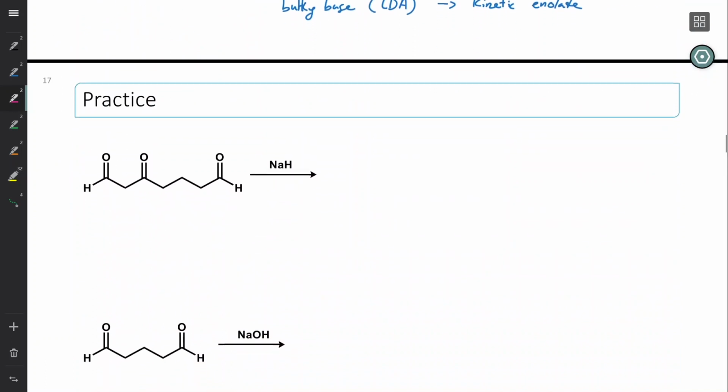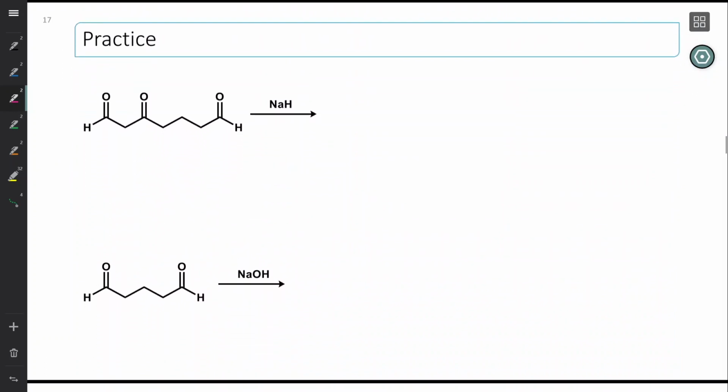Okay, let's do some practice. Now here we have a variety of hydrogens that we could deprotonate. We could deprotonate over here or over here. Remember, these between two ketones are the most acidic, so this will definitely go first.